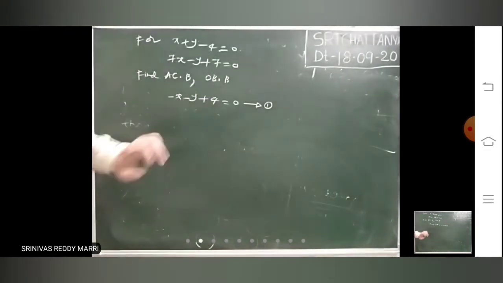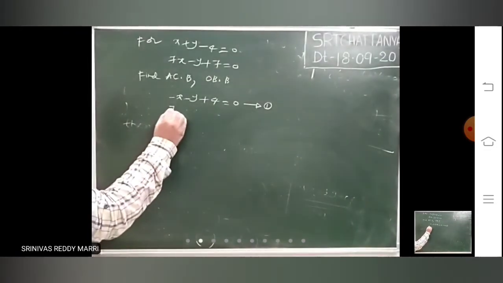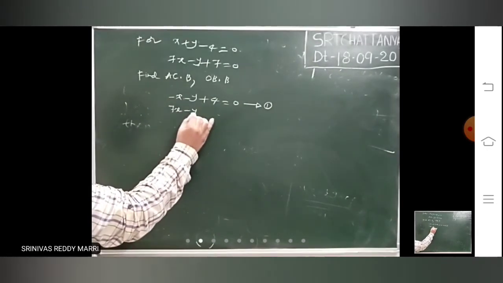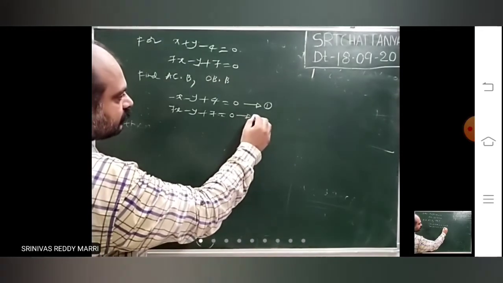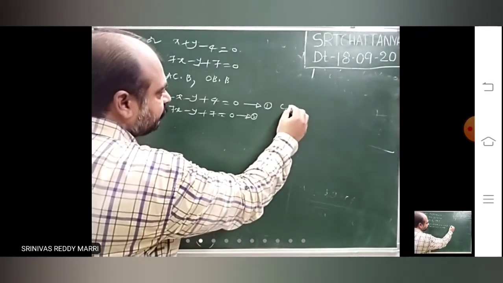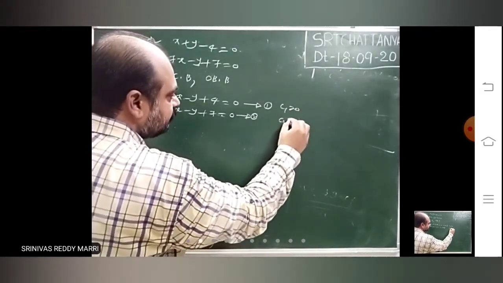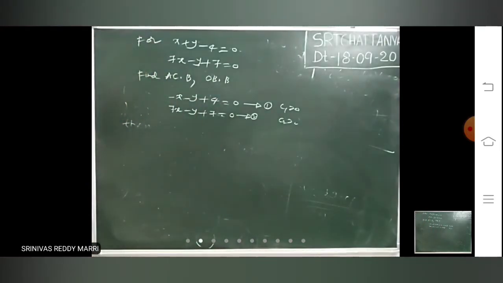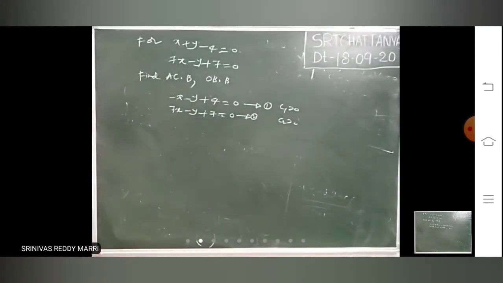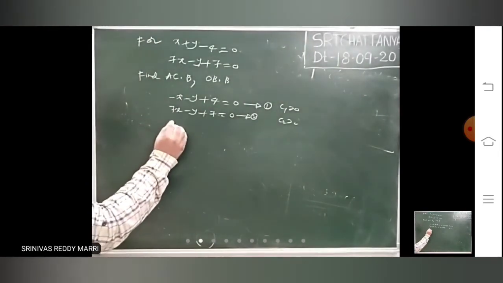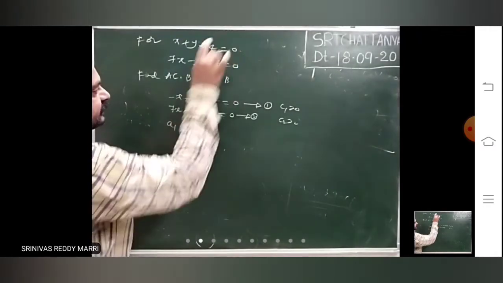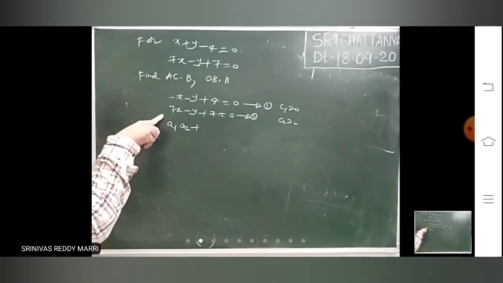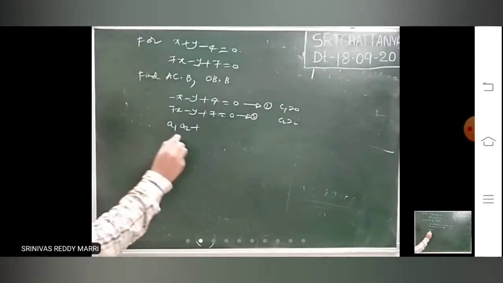If negative is there, make that positive. So therefore c1 greater than 0. While writing the bisectors, you take these two lines. Now calculate for these two lines.